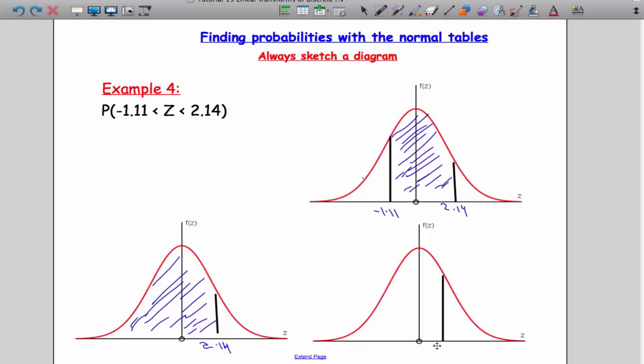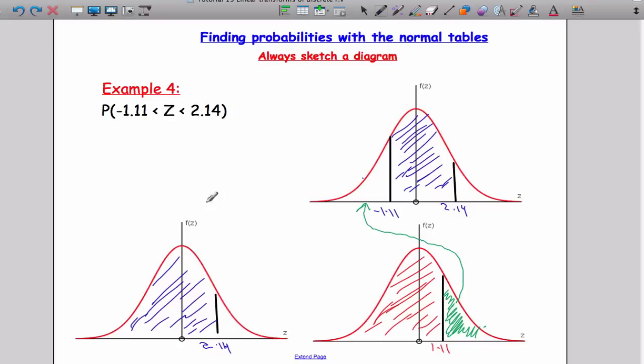So that's 1.11 there, and I can work that probability out. And what I can do is take that probability away from 1 to get this green piece here. And that green piece is actually going to have the same area as that blank space there. I can take that away from this, which will leave me with this probability here.